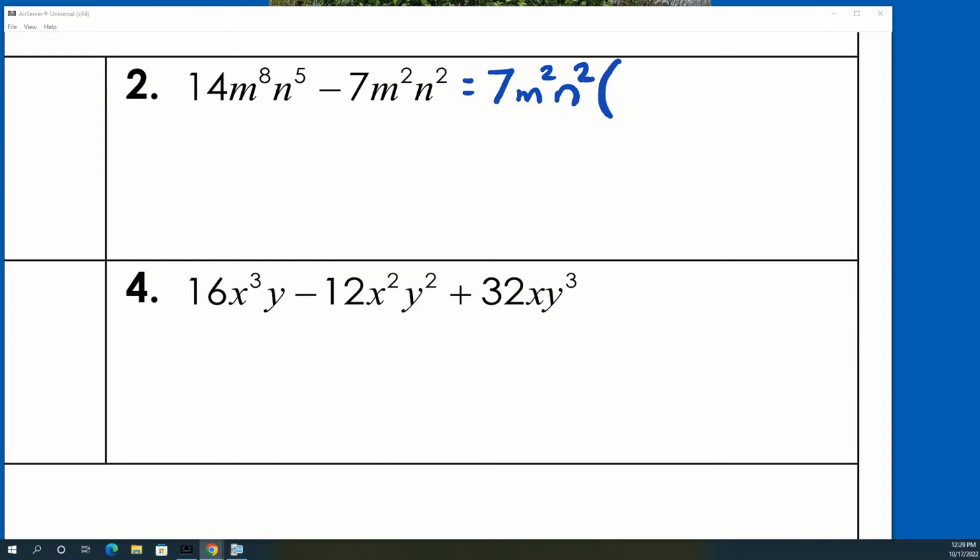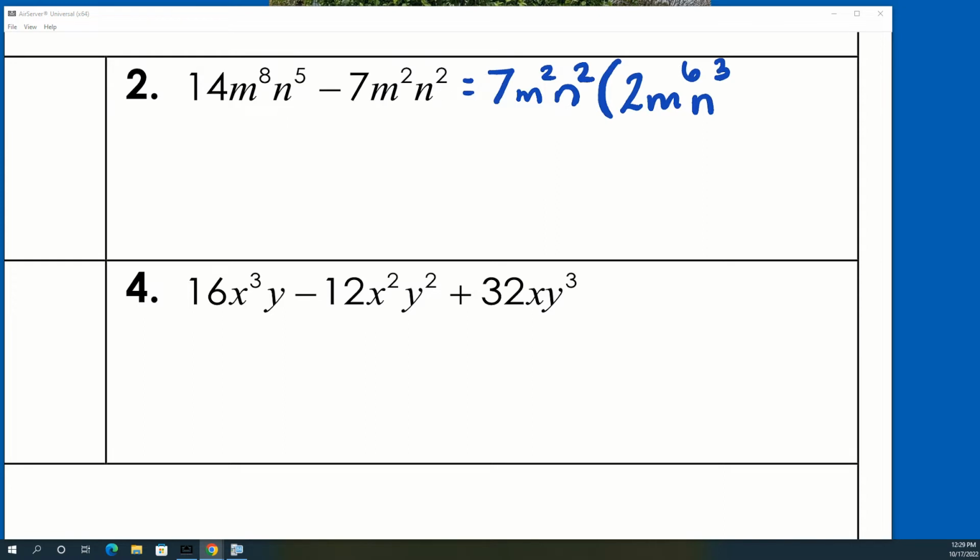So we're going to take 14, divide it by 7, that's 2. And then m to the 8th divided by m squared means we're just going to subtract 2 from that 8, and we'll get m to the 6th. And for the n's, we're going to subtract 2 from that 5, and it'll be n cubed.